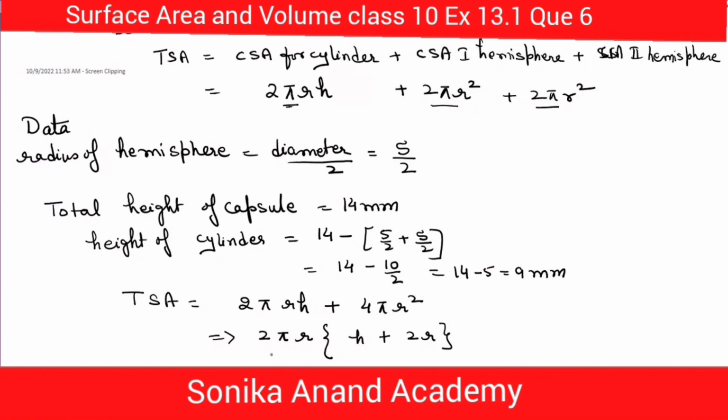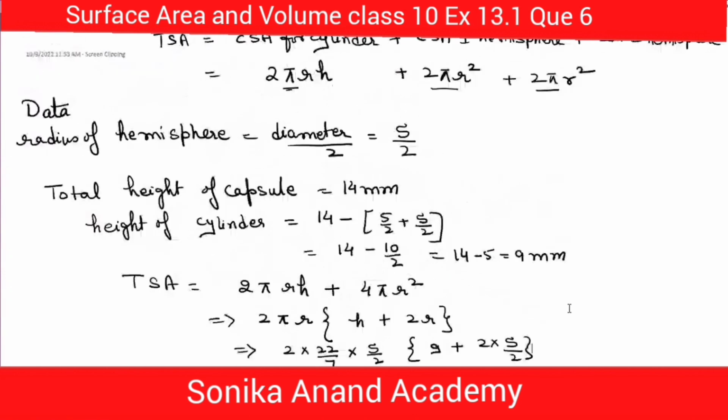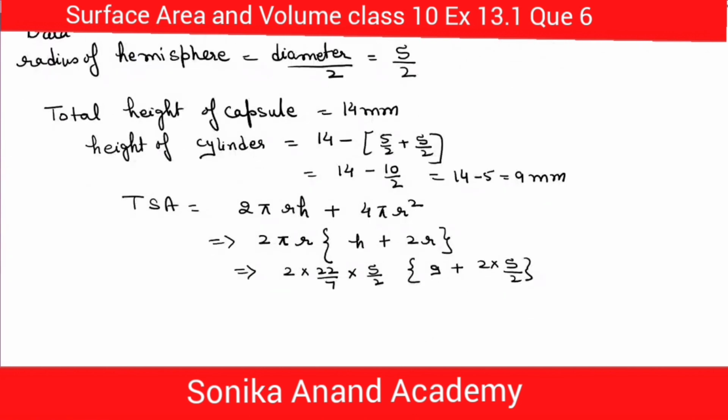Now 2 into 22 upon 7. For the radius I have 5 by 2. For the height 9. 2 into 5 by 2. So now this 2 and 2 get cancelled. 2 5s are 10. 110 by 7.